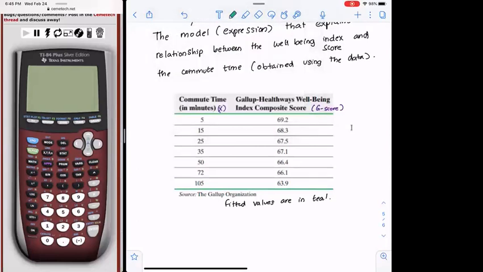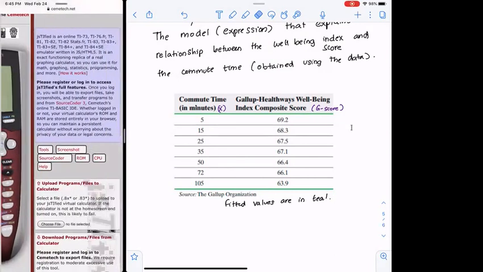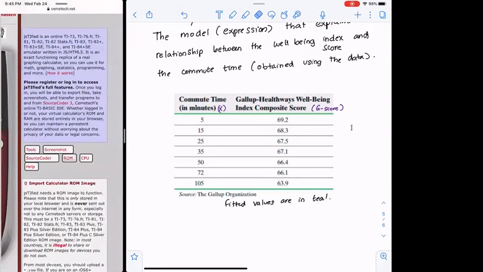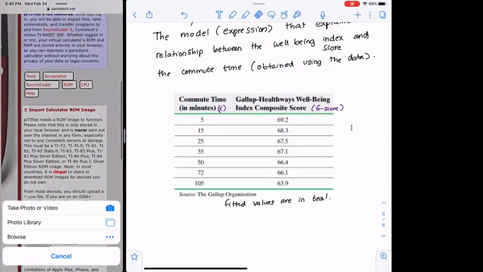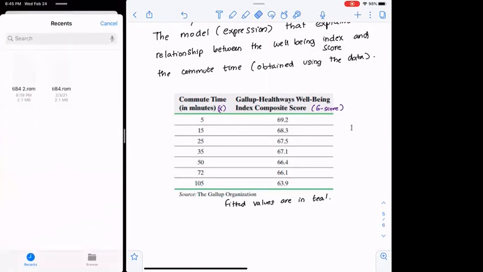I'll put it in a teal color. So how do we find those fitted values? Mind you, fitted values are values that are given by the model.